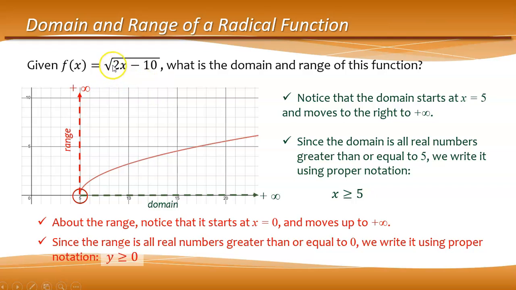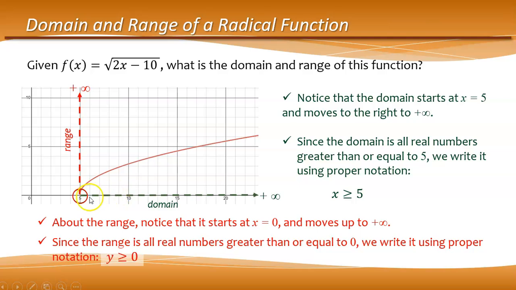So for example, here we have the square root of 2x minus 10. In order to find the domain and range, you can graph. If you graph this function, you're going to have this graph here. You can notice that the domain, which means all the possible values in the input, starts at 5 and goes to positive infinity.